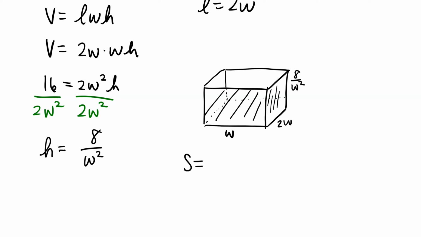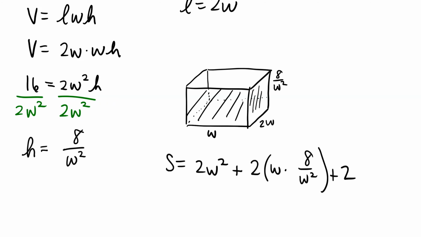So the surface area is going to be, I'm going to take the bottom of my box first. It's an open box. So all I'm going to do is W times 2W, so that's just 2W squared. Plus, I have two of these sides, W times 8 over W squared, plus 2 times, right, I have 2 of these sides, 2W times 8 over W squared.